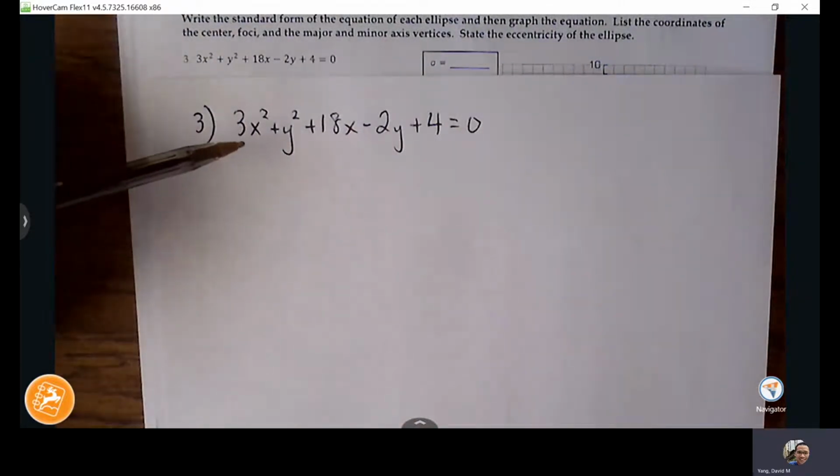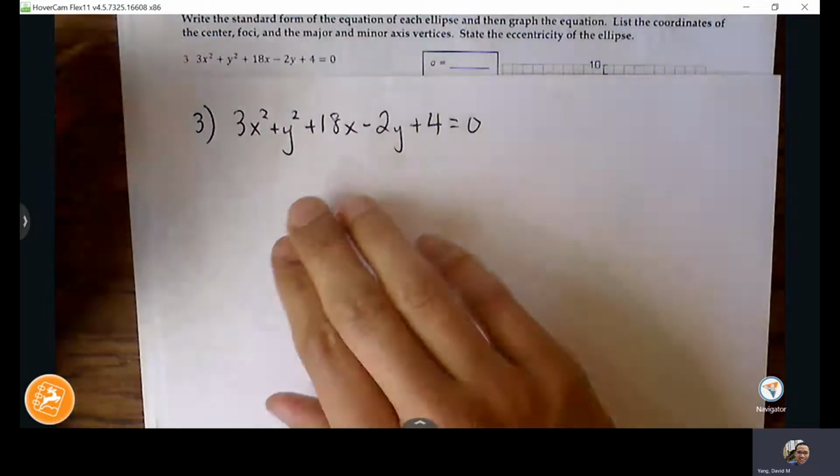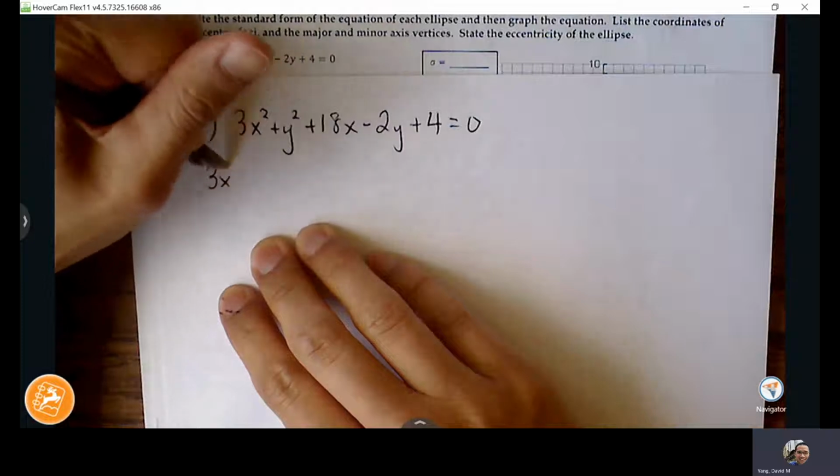So we will do the same things that we would initially if we saw general form for circles. We would try to group the x's together, group the y's together, and then push the constant over by itself on the other side. Okay. So 3x squared.